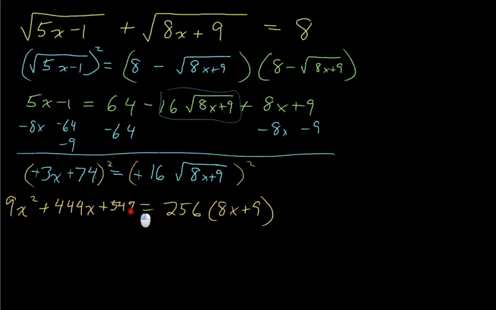These numbers got really big really fast. Hopefully the ones in your homework won't be quite that bad. All right, and now distribute on this side as well. 8 times 256 is, no, sorry, 2048x, plus 9 times 256, which is 2304.